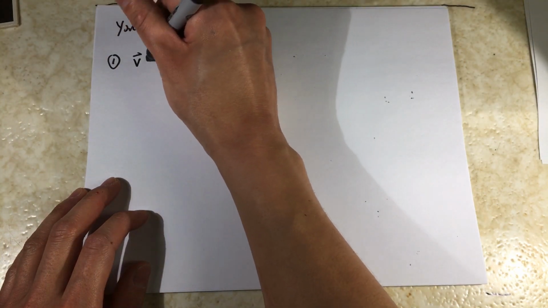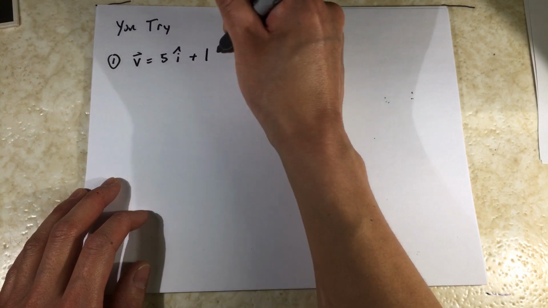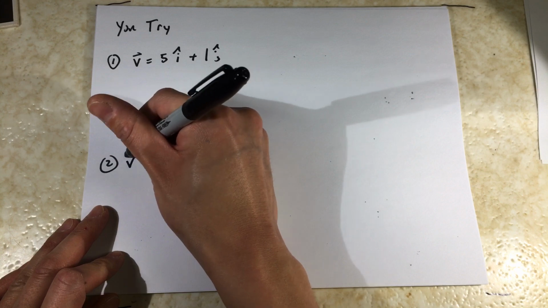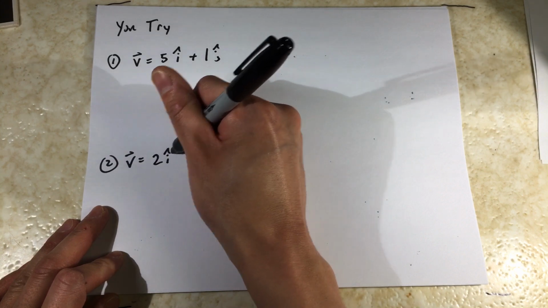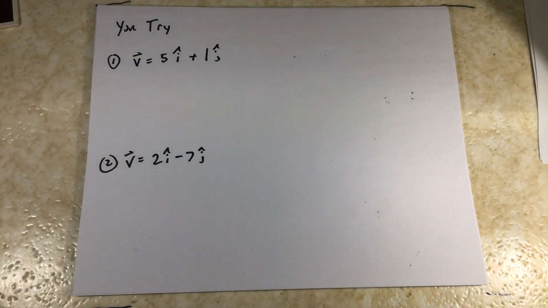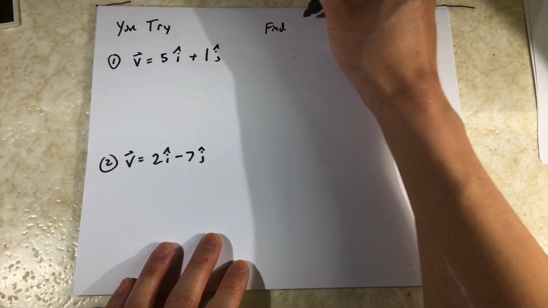So I'm going to give you these vectors. V equals 5i hat plus 1 j hat, and u is 2i hat minus 7 j hat. The idea is to find the magnitude and direction.